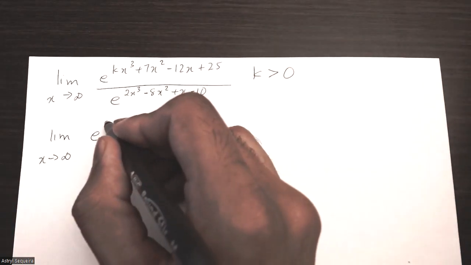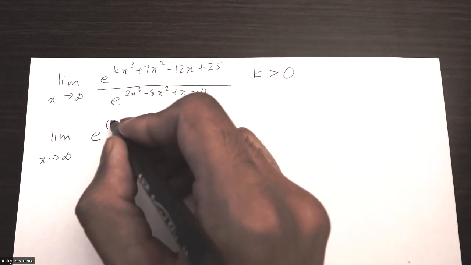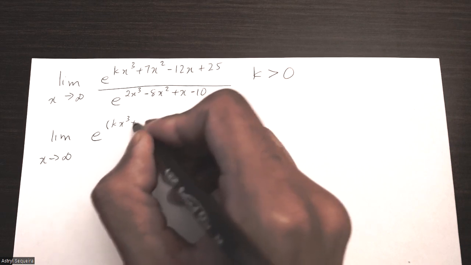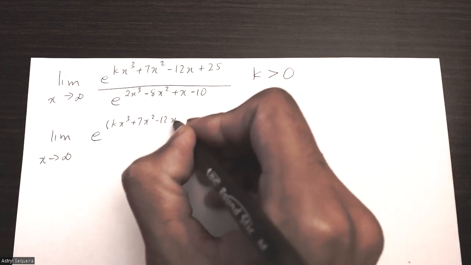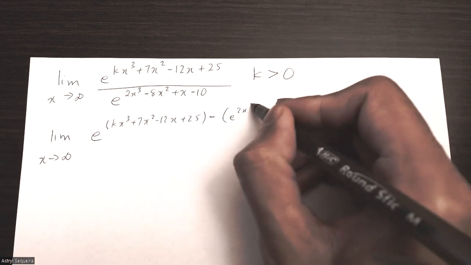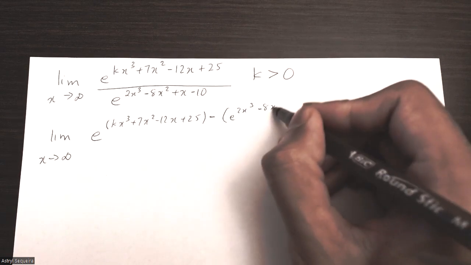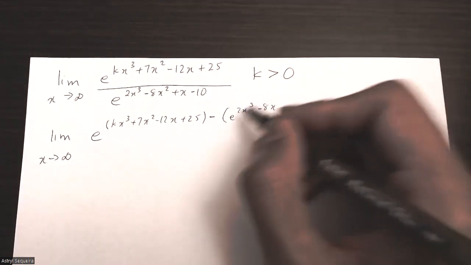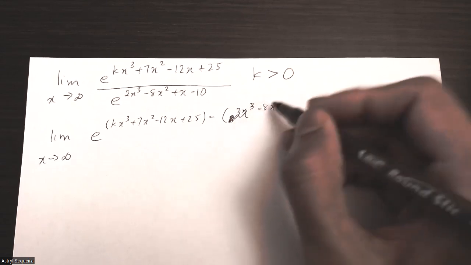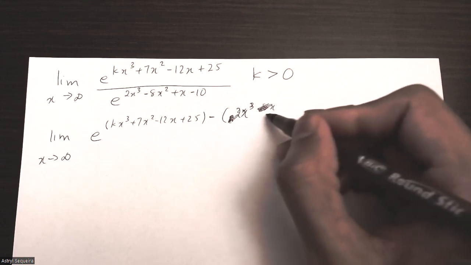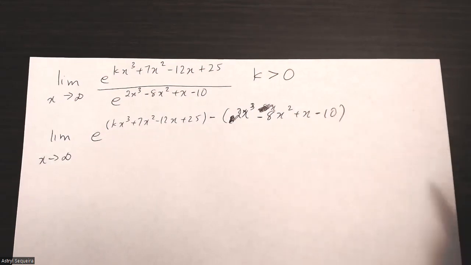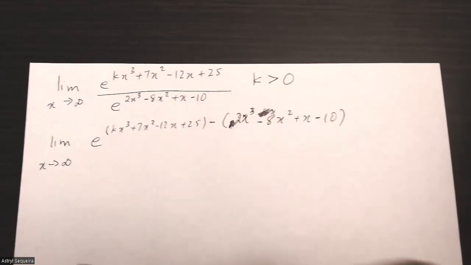So we have e to the power of kx cubed plus 7x squared minus 12x plus 25 minus 2x cubed minus 8x squared plus x minus 10. So I just combine by subtracting the exponents.